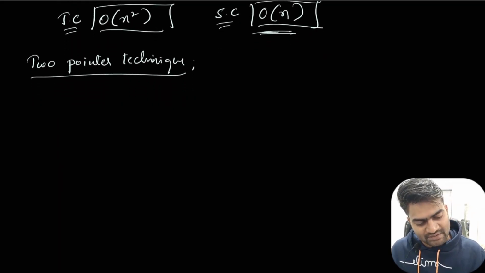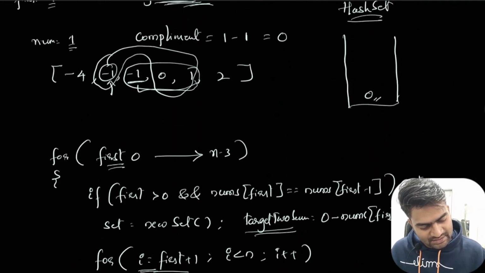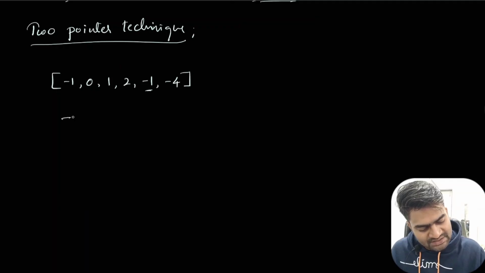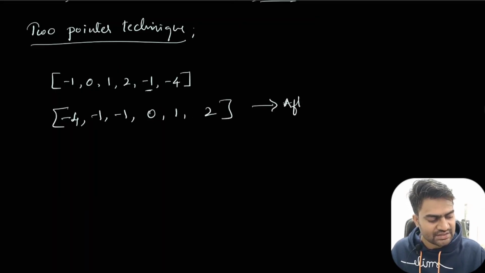For that, first I will copy the array. To effectively use the two-sum solution, first we will sort these numbers. So if I sort, -4 will be at the beginning, then -1, -1, then 0, then 1 and 2. So this is after sorting.